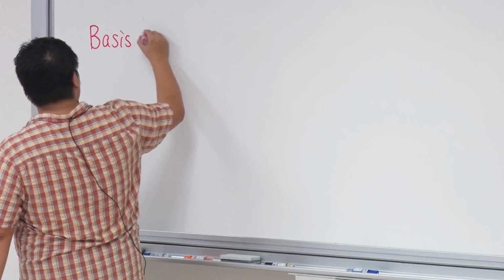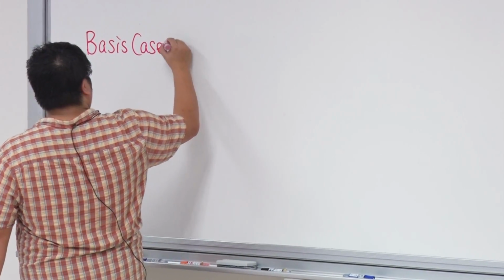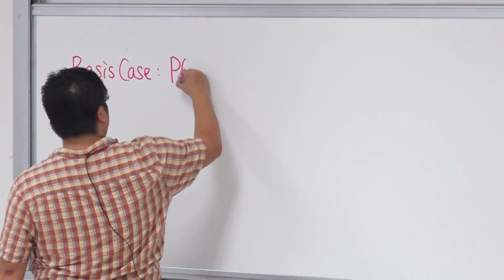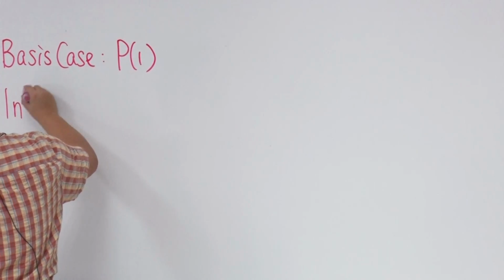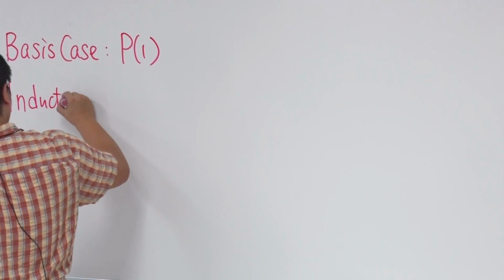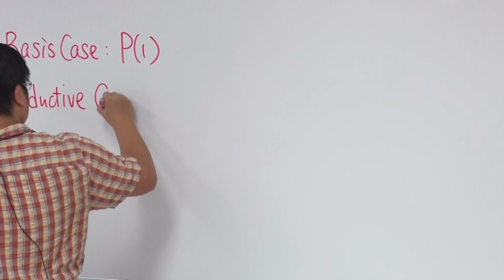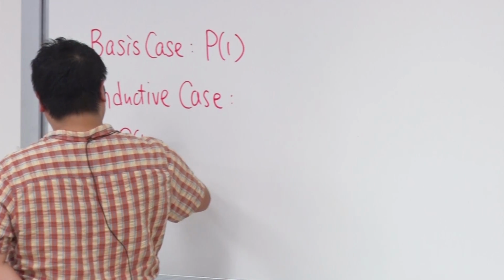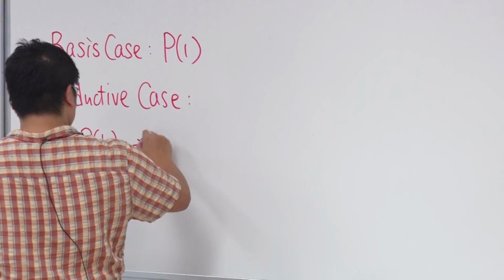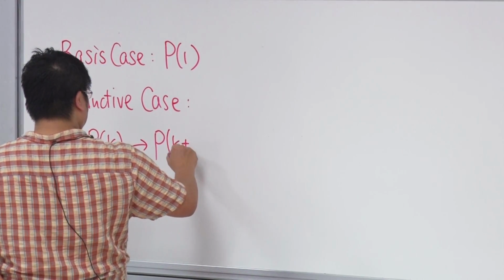The induction principle that we have just used has this as the basis case, which is about P1. And then we have the inductive case: Pk implies Pk plus 1.